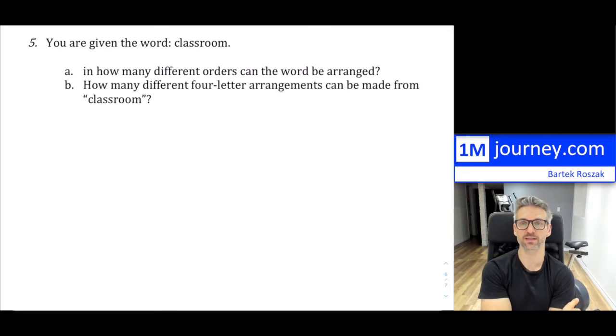The only problem is that the S's are not distinguishable, right? It's not like if we labeled them S1 and S2, and O1 and O2, then it would differentiate between them. In that case we would have 9 factorial ways of arranging them. But this comes into effect when things are actually repeating.